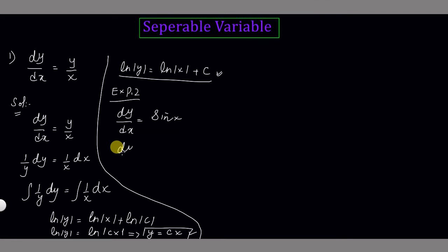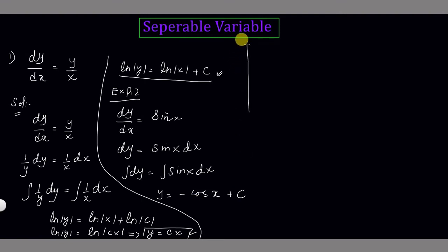So by separating the variables we will get this one, and then after integrating on both sides, the integral of dy will be y, the integral of sine will be minus cos of x plus c.